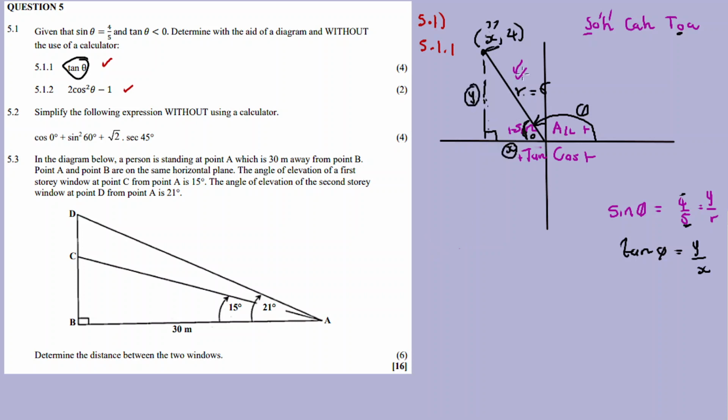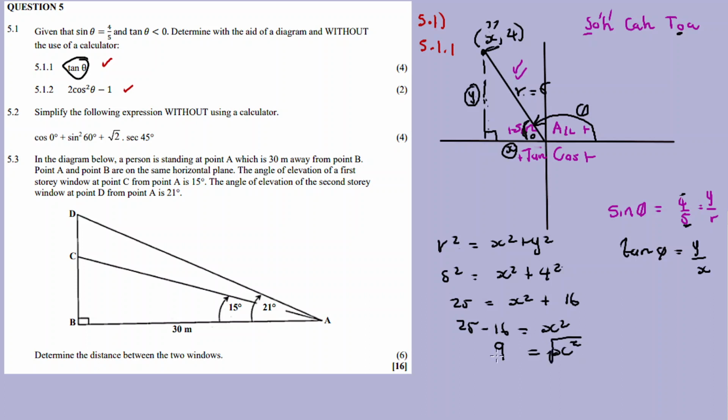So I will apply the Pythagoras theorem to calculate x. Since this is a right-angled triangle, r squared equals x squared plus y squared. r is 5, so 5 squared equals x squared plus 4 squared, that's 25 equals x squared plus 16. Transpose 16: 25 minus 16 is 9.